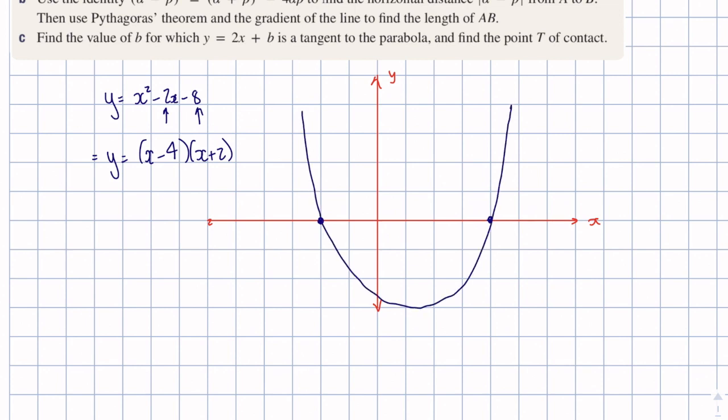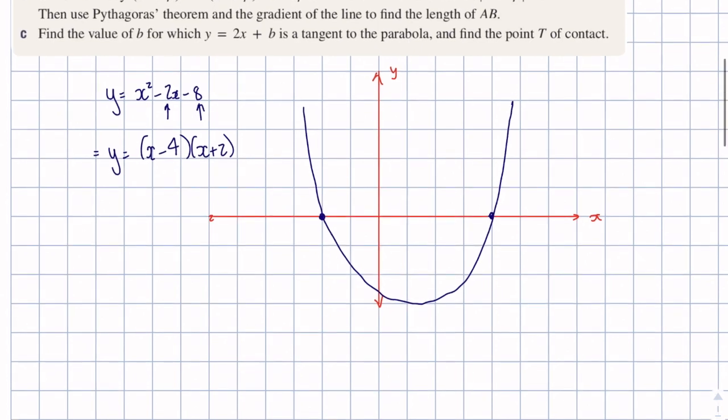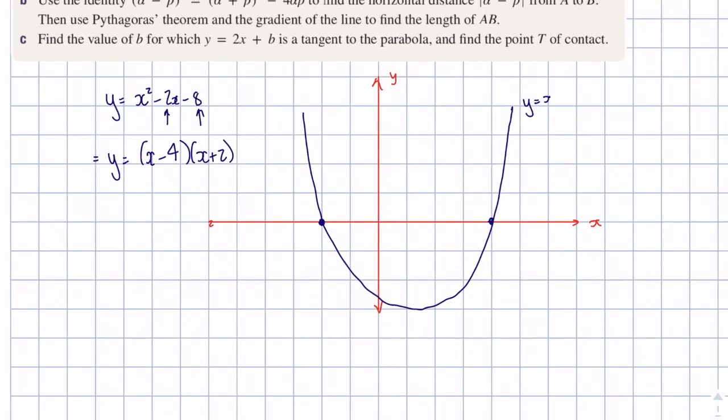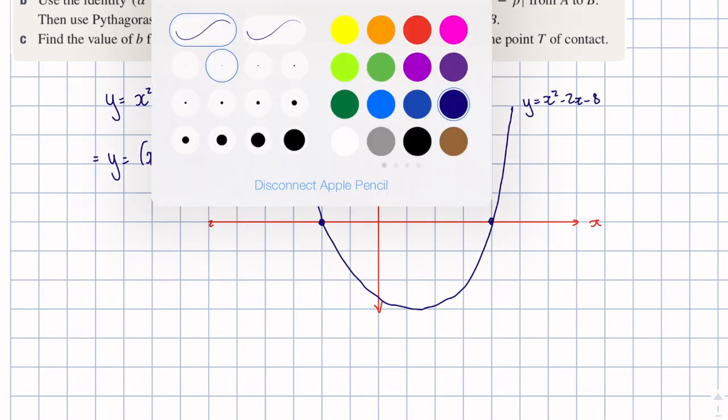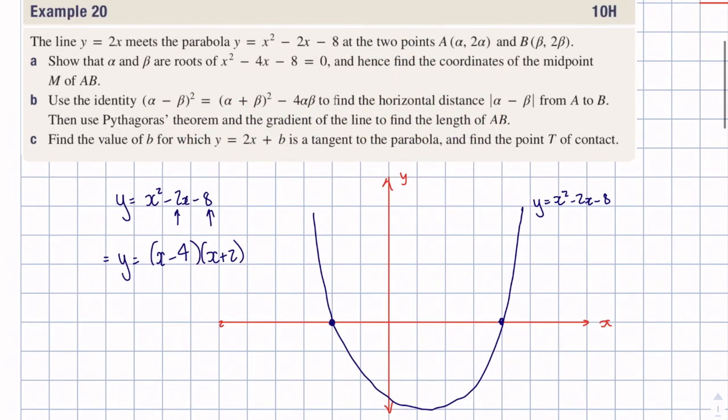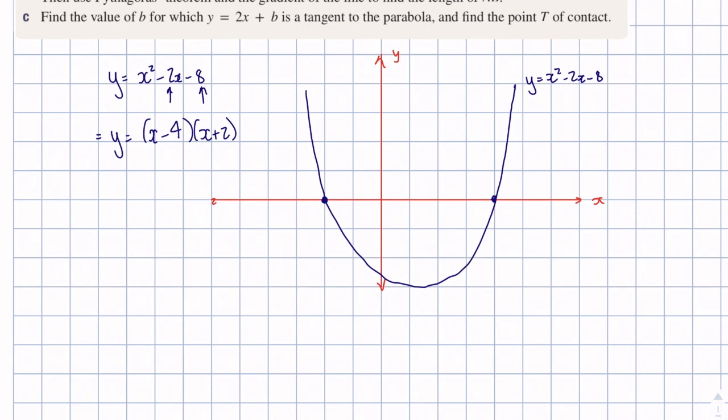I'm not going to find any other information out about it. So that's my y equals x squared take 2x take 8. We've also got the line y equals 2x. So that's a straight line, not moved up or down, going through the origin. It's got a gradient of 2, so it's going to go up 2 for every one it goes across. It looks like that.